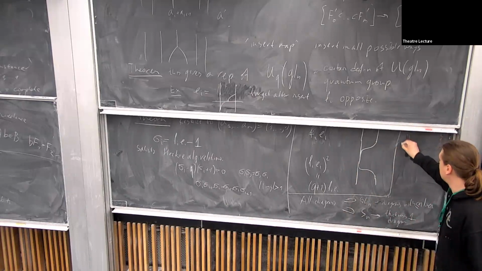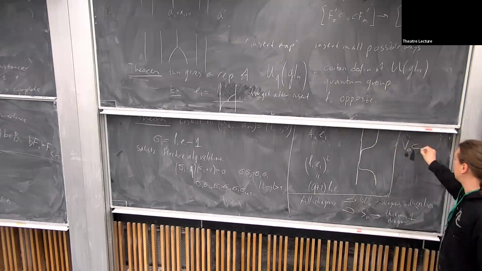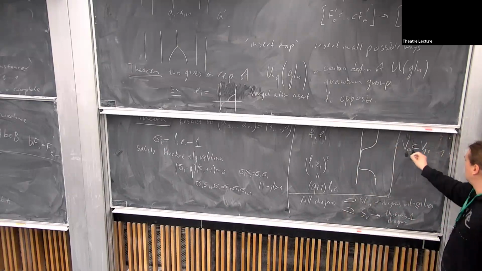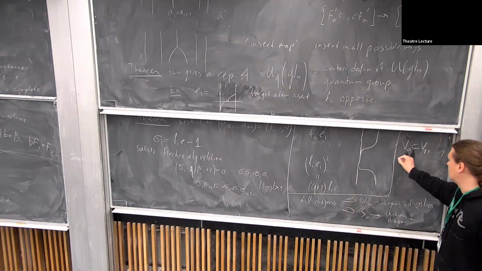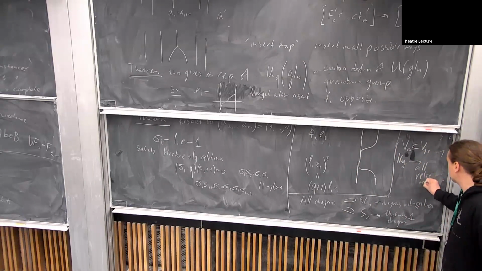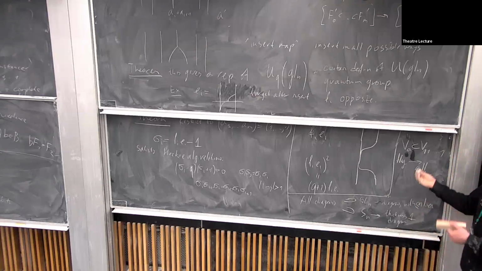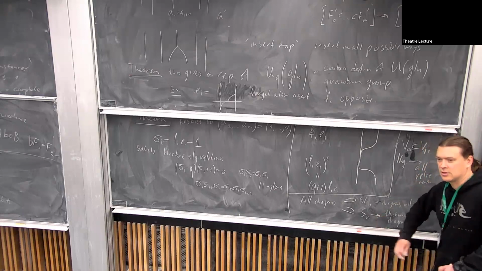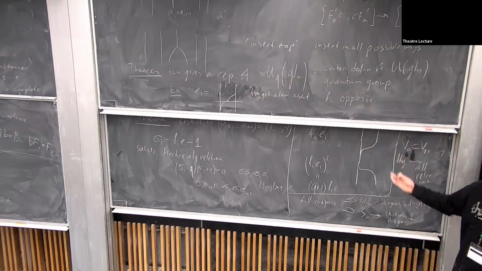So this V_A is a subspace of V_{1 1 1 1 1 1 1}, where the inclusion is given by sending some flag to all refinements. And so in a way, from here you see that S_N representations also cover all the interesting stuff.